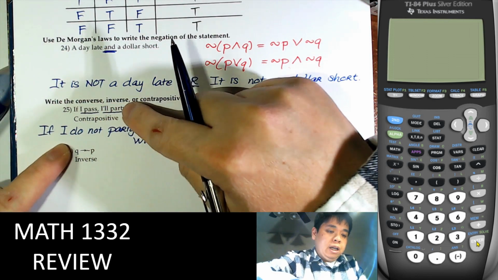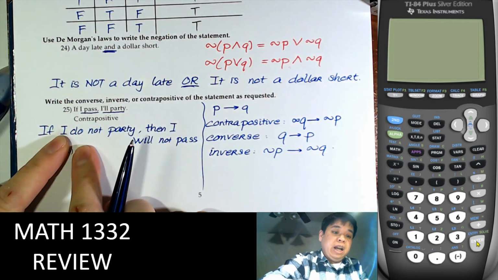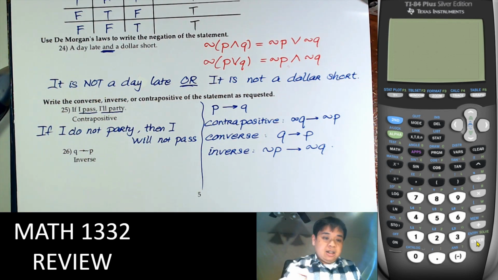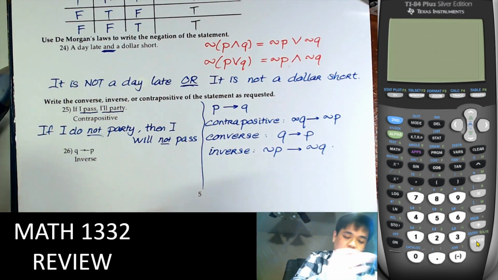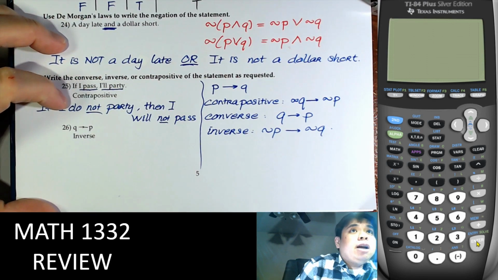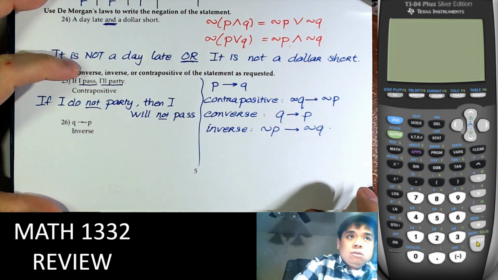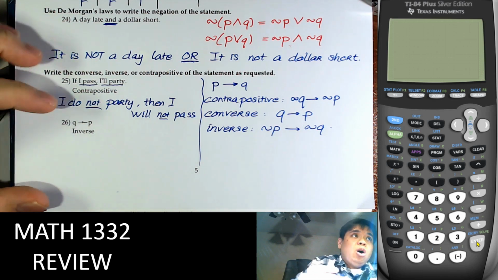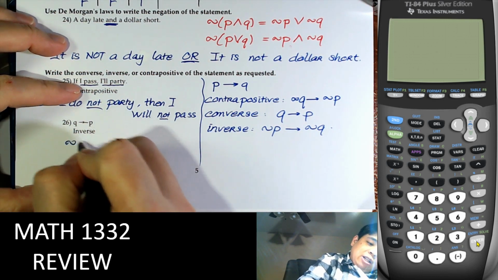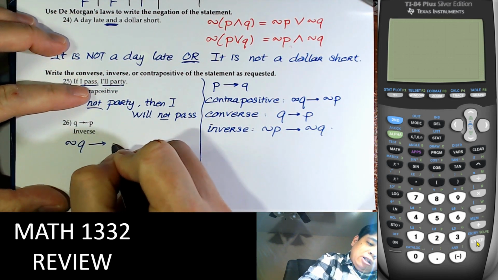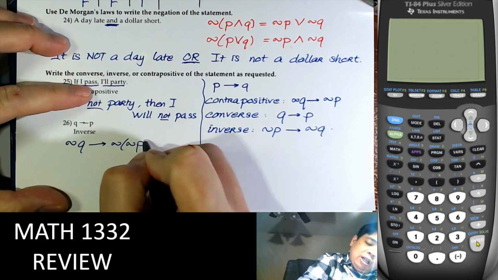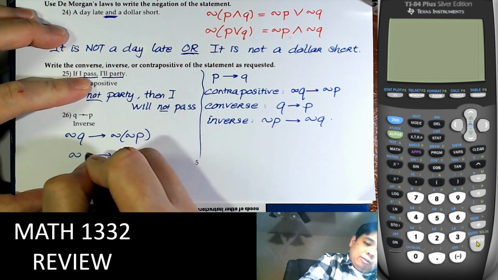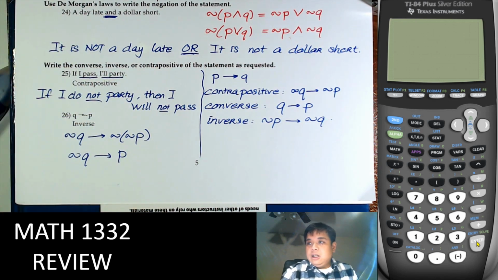So I party is the second one, we move it to first and negate that, and I pass is the first, move it to second and negate that. So we have both negated, and then we flip the statement. Right, 26. For the inverse, all we do is just negate. So the negation of P implies the negation of Q. Now the negation of a negation is the statement itself. So that's what we have.